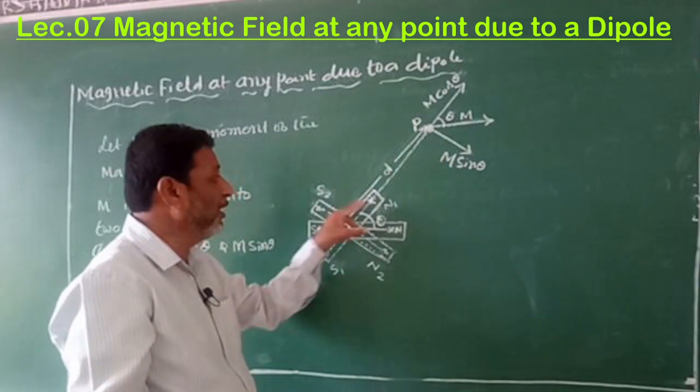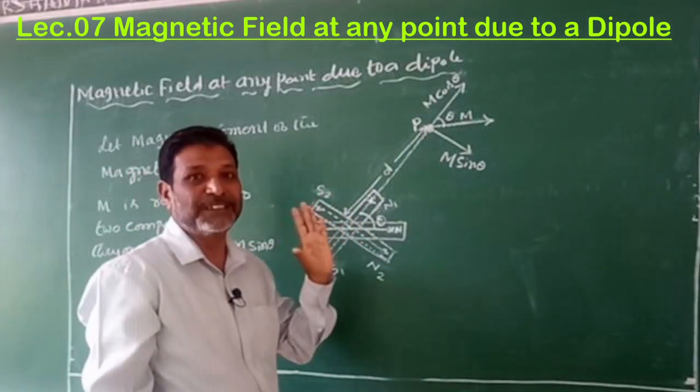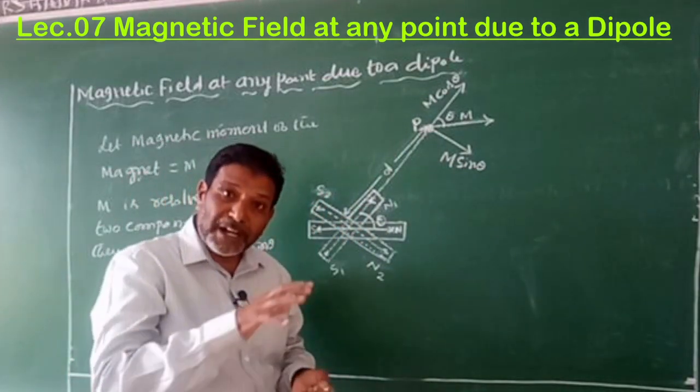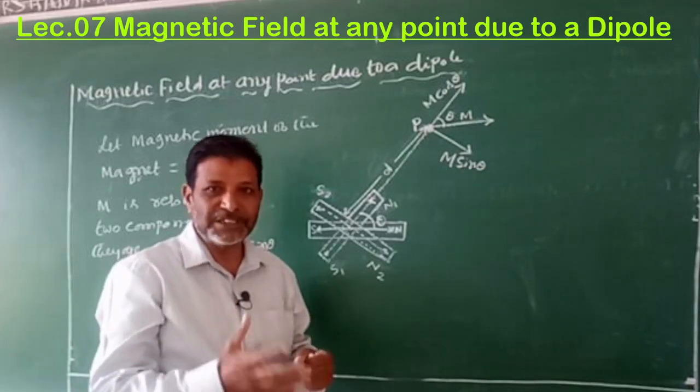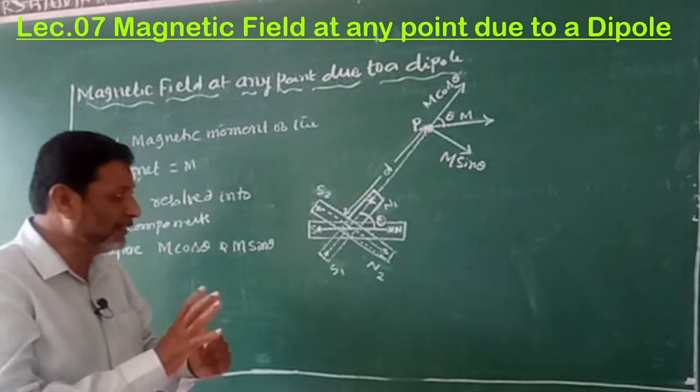Since the components are perpendicular, the magnets are also perpendicular to each other. Now, after understanding this, the remaining will become easy for you. Let us see that derivation.